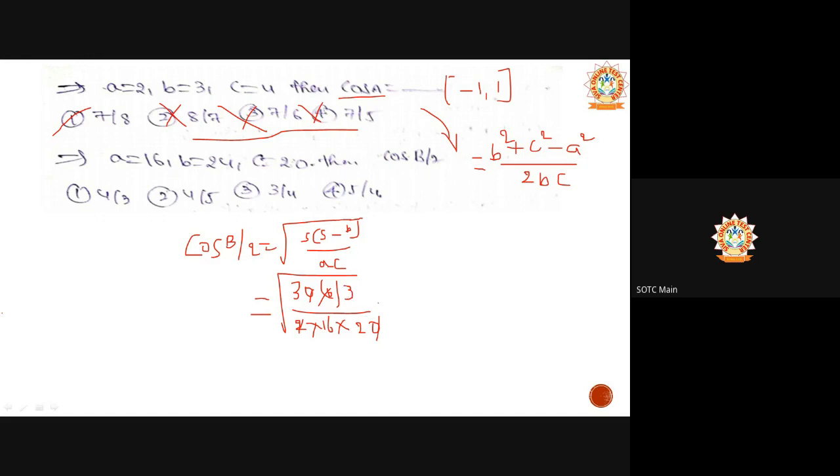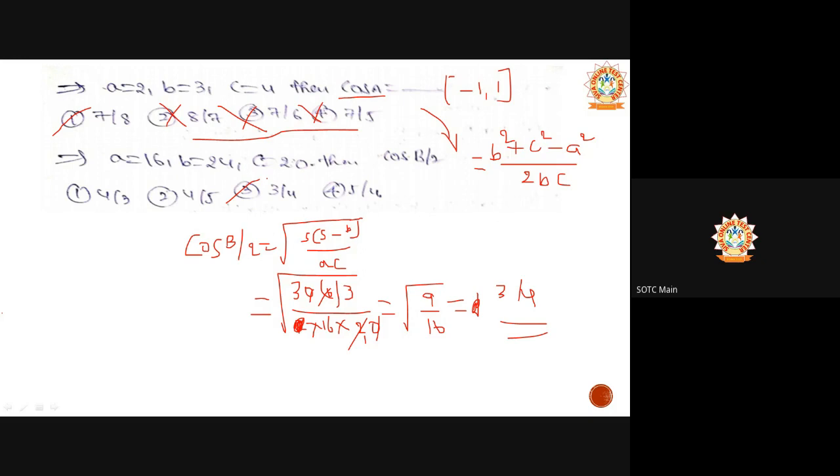So it is under root 9 by 16, that is 3 by 4. Sorry, here it is ac only. Why this 2? So here two ones will get cancelled. It is 16 only, right? So it is under root 9 by 16, 3 by 4. Yes, option 3 is correct.